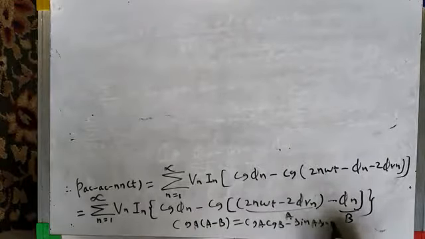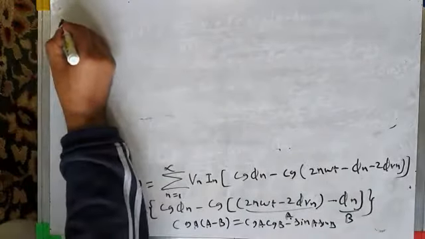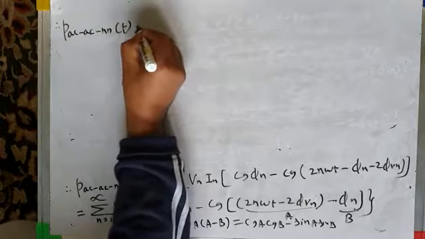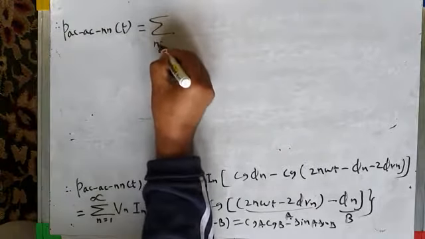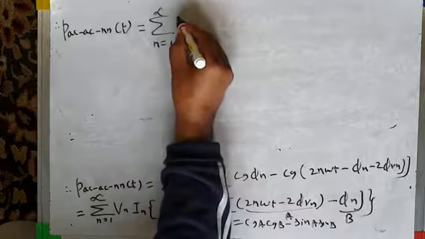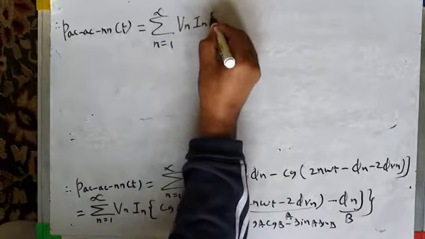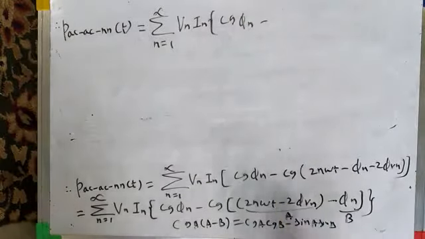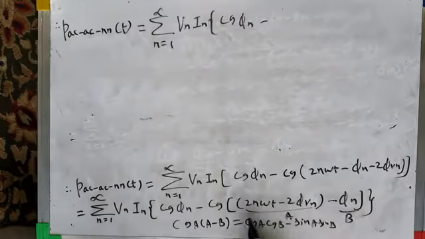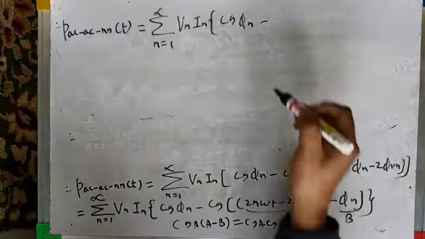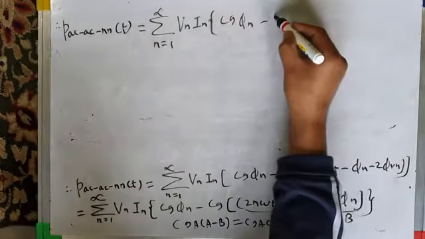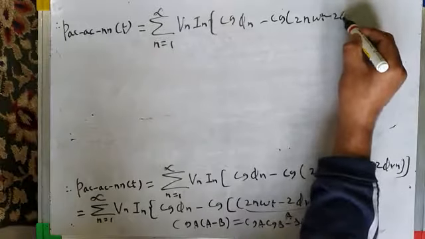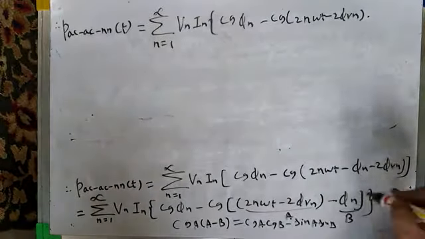Using this trigonometric identity in this equation, therefore P AC instantaneous will be equal to summation n equal to 1 to infinity Vn In. This is cos phi n. Let us write cos phi n minus. This is cos of A minus B, that is cos A cos B minus sin A sin B. So this is cos A, A is 2n omega t minus 2 phi Vn, into cos B. B is phi n.